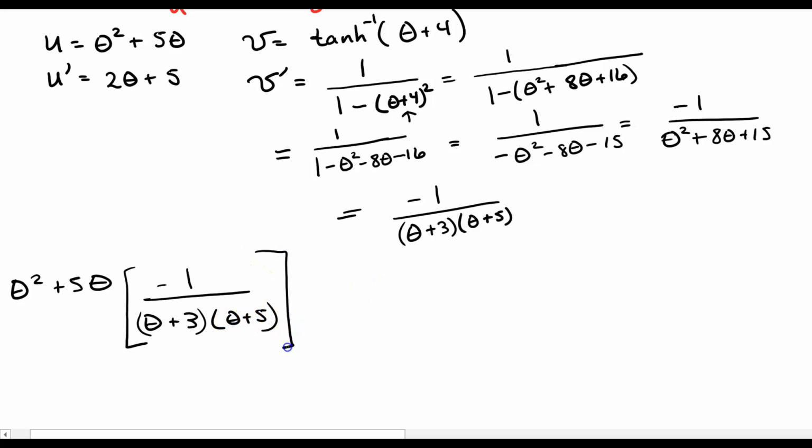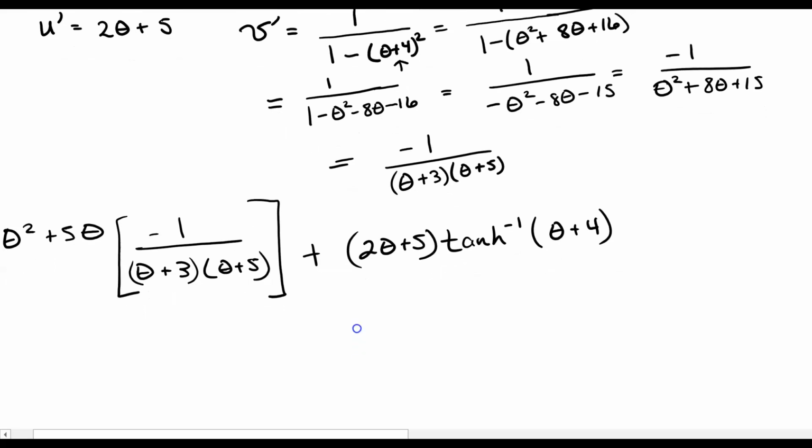Plus v u prime, which is going to be your tanh inverse, multiplied by 2 theta plus 5. So let's just write the 2 theta plus 5 first. And we've got our tanh inverse of theta plus 4. All right, there we go.